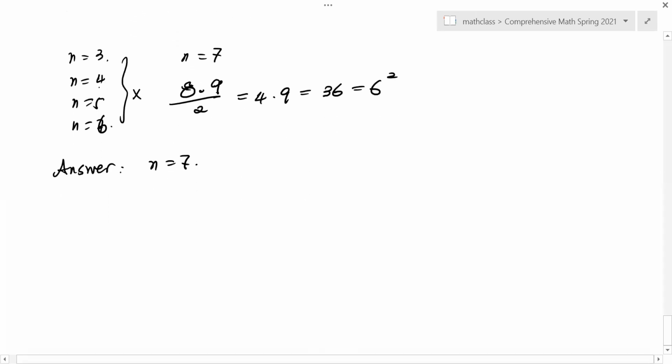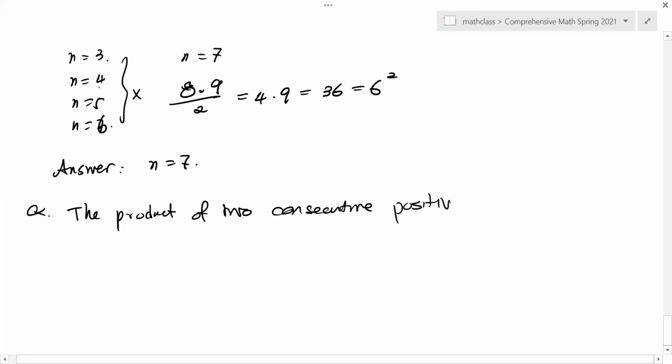Let's do a simple problem here. This is a really simple problem. We know that the product of two consecutive positive integers is 306. What is the sum? Read the question carefully.